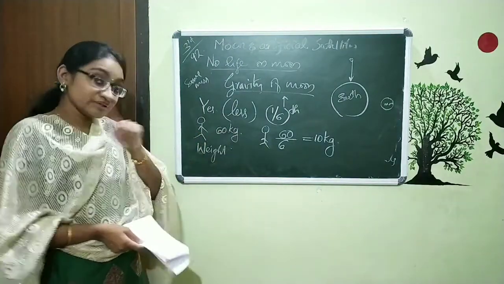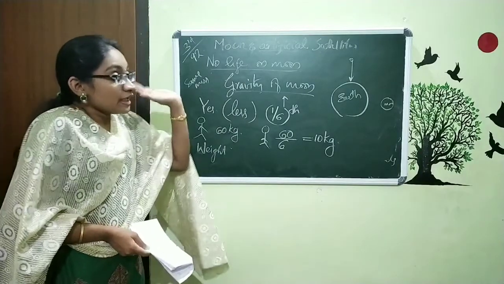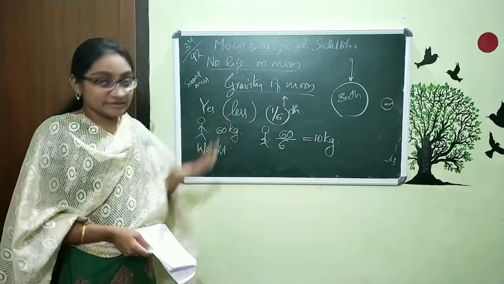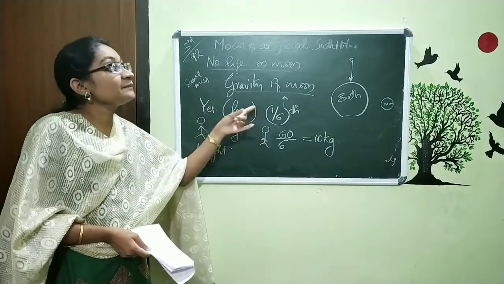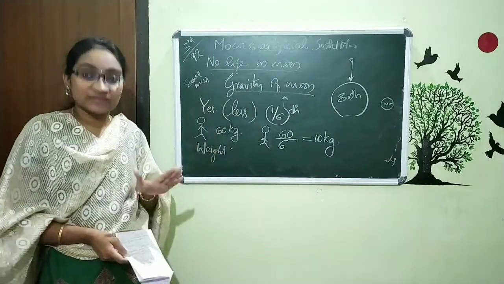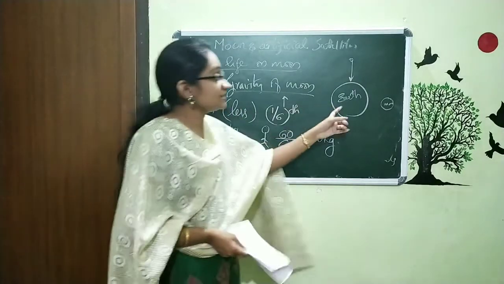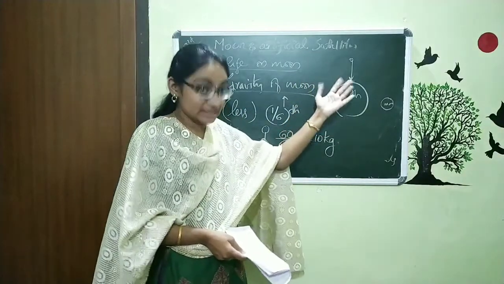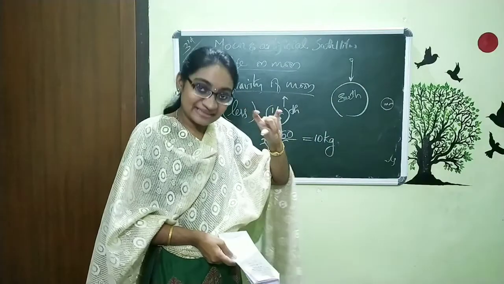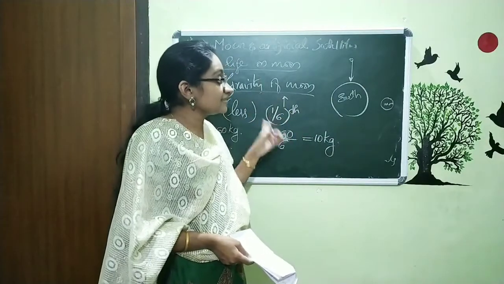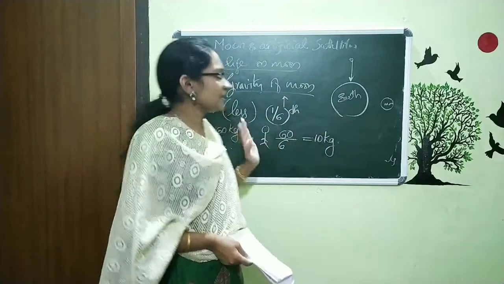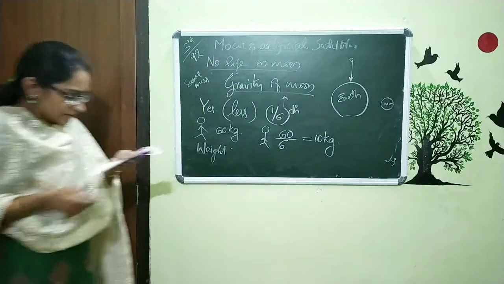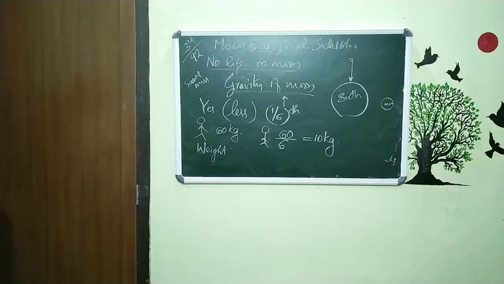You just want to study this: the gravity on earth has a value, and for the moon that is 1/6 of the gravity at earth. So earth has higher gravity, and the moon has less gravity, and the value is 1/6 the gravity of earth. So that is about the gravity of the moon.